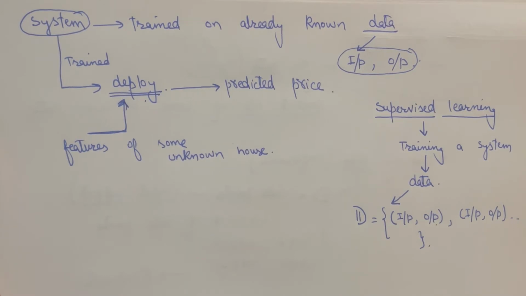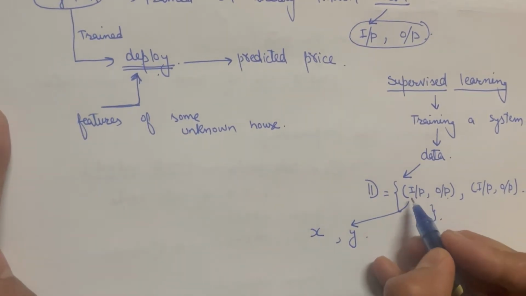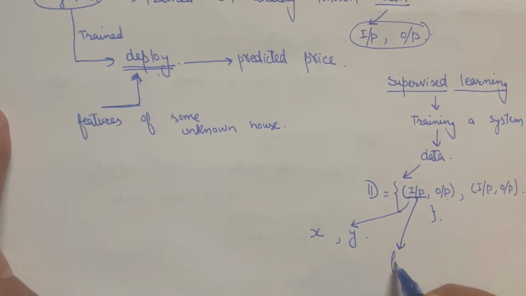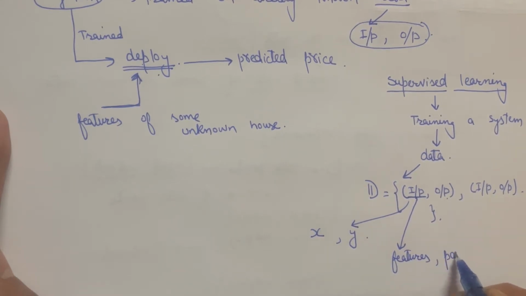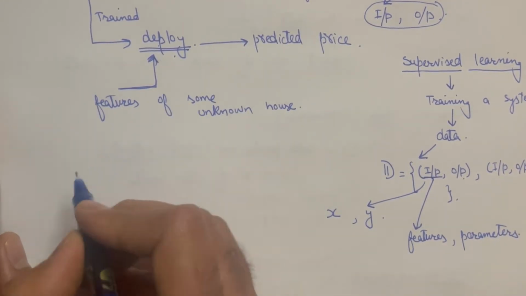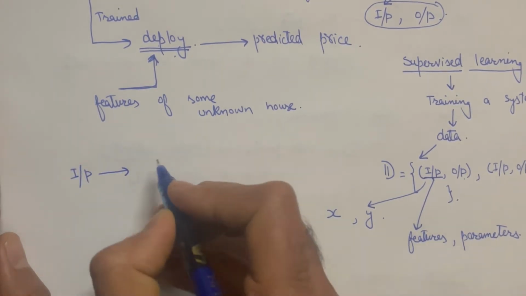Here, input is usually represented by x and output is represented by y. This input depicts the features, or we can say the parameters, of a quantity. For example, in predicting the price of a house, the input can be the multiple features of a house.